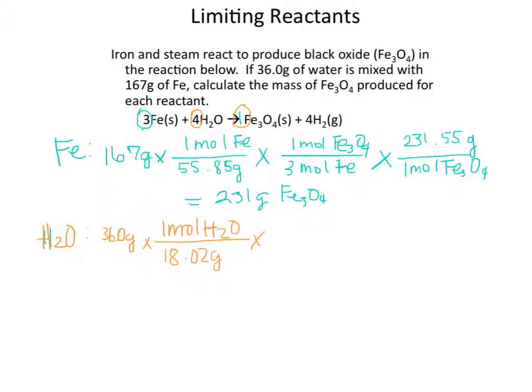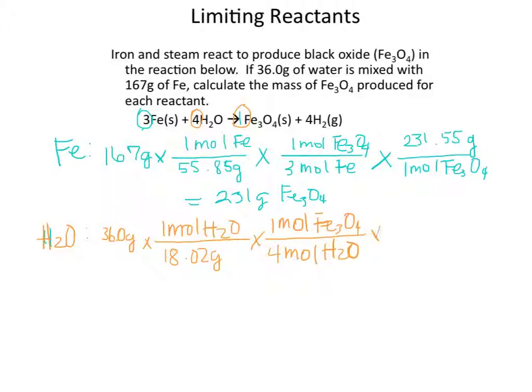Let's multiply that by the mole-to-mole ratio of water: for every 4 moles of water, I produce 1 mole of black oxide.